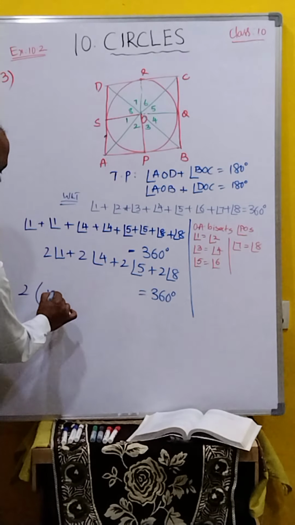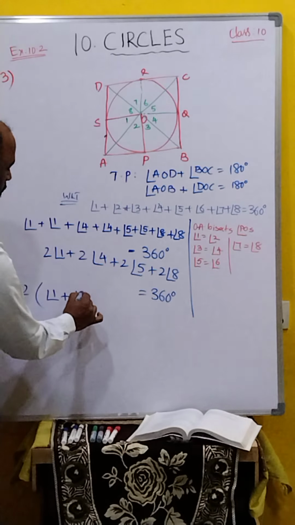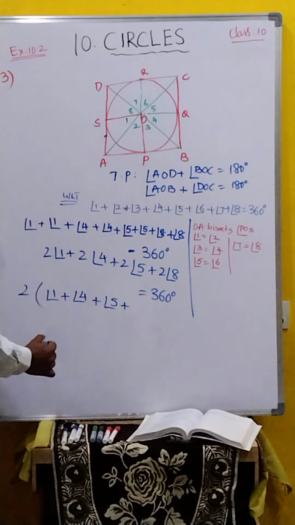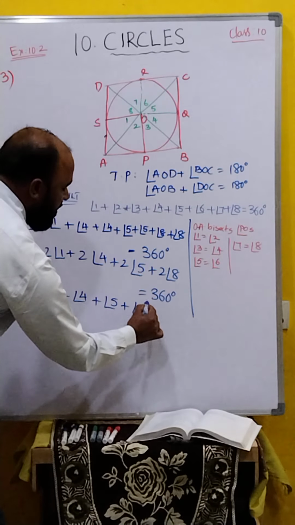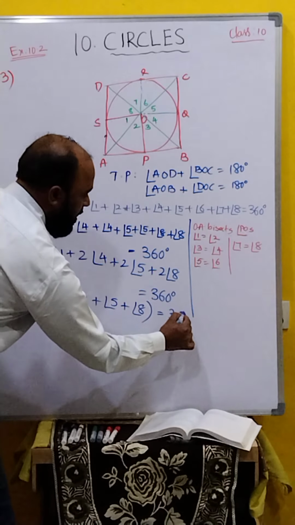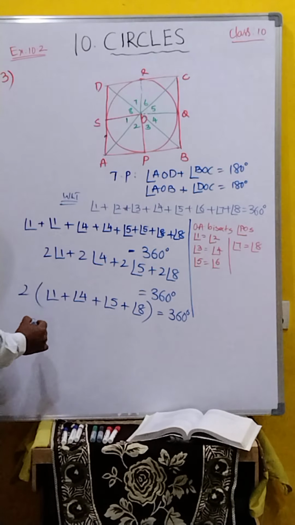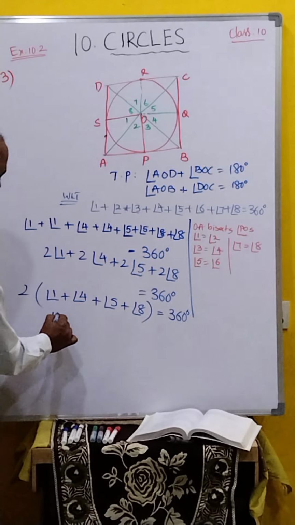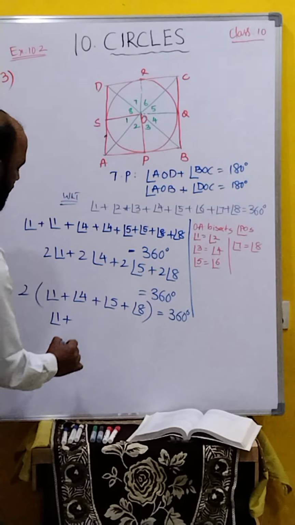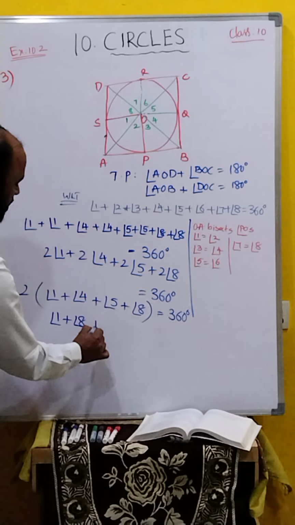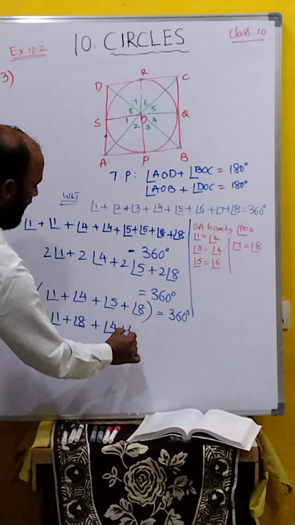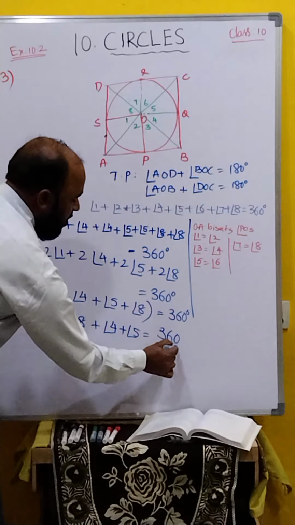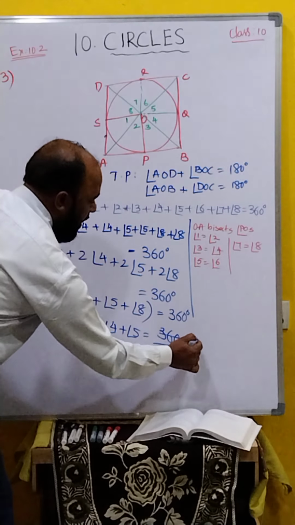Angle 1 plus angle 4 plus angle 5 plus angle 8 is equal to 360 degrees. Clear children? Now 2 transpose to the right side, then what is remaining? Angle 1 plus 8, I'll write together now. Angle 1 plus 8 plus angle 4 plus angle 5, no change, is equal to 360 by 2. Cancel this, it is 180 degrees.